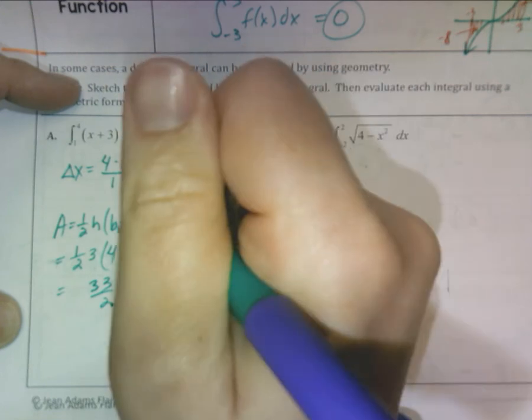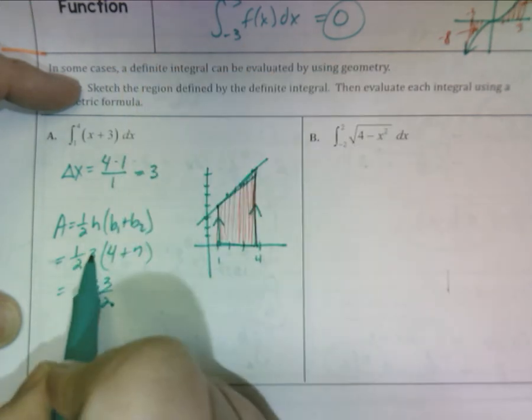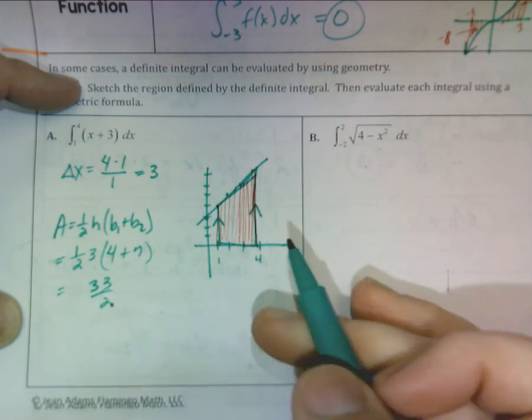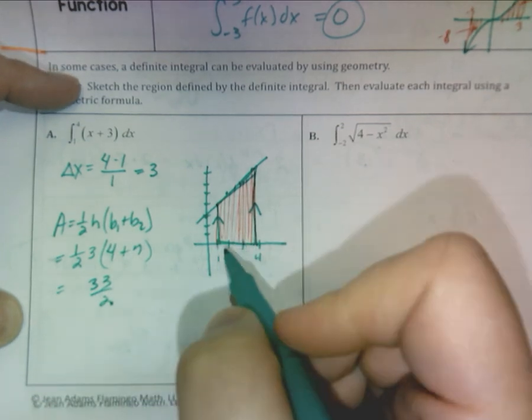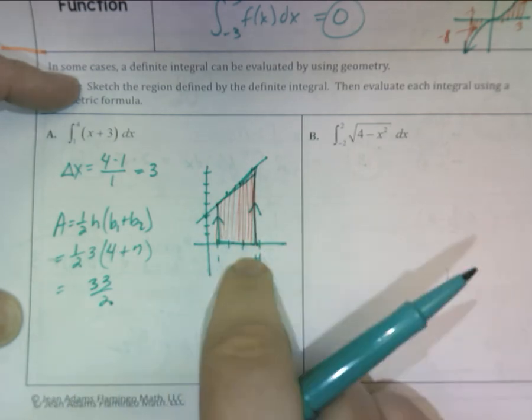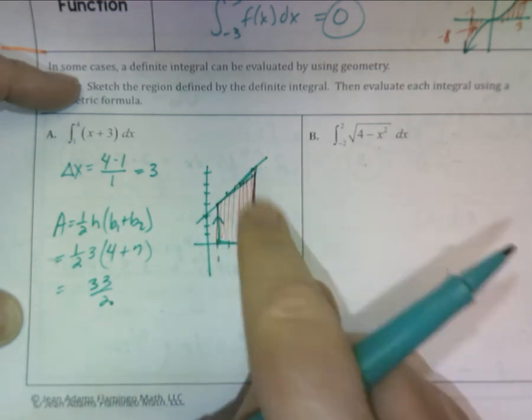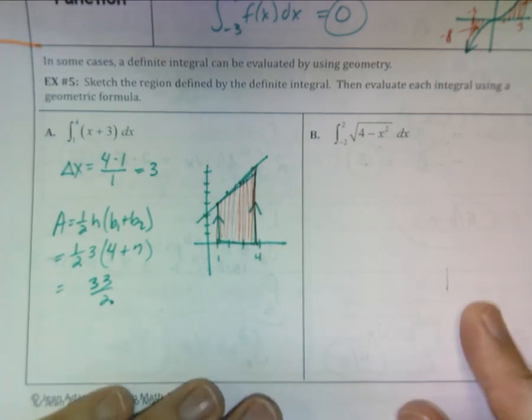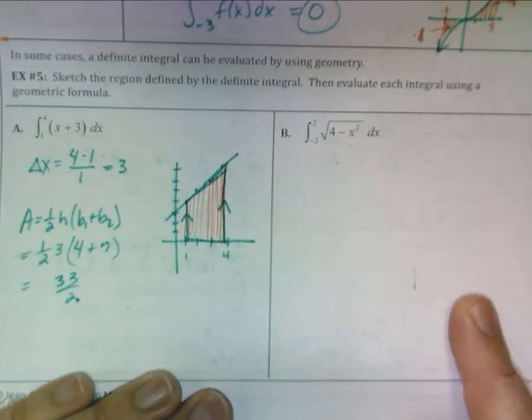We made 1 there, so a height of 3. And your base 1 is actually your f of 1, which is 4, and f of 2 is 7. So just neat, from doing everything that we've done with limits and all that, put them together.